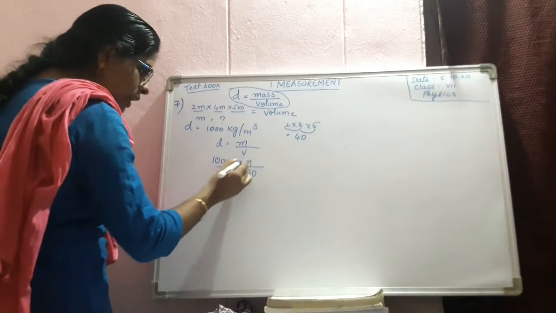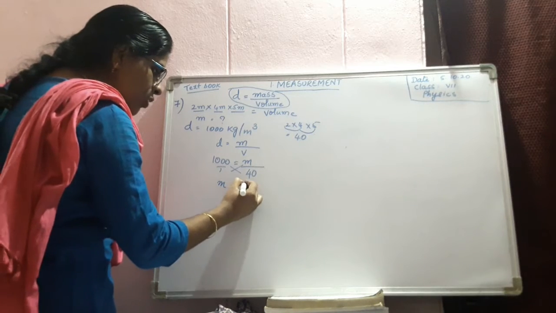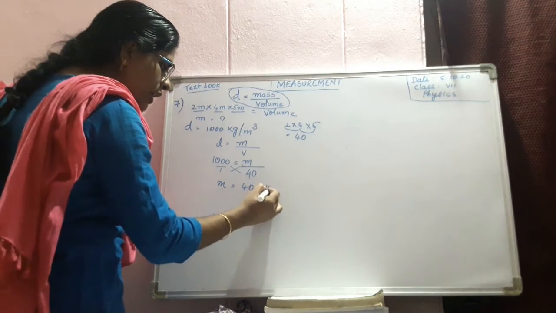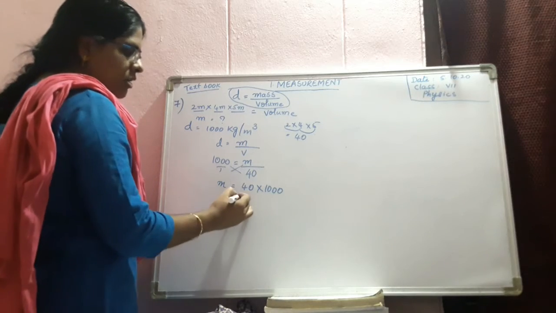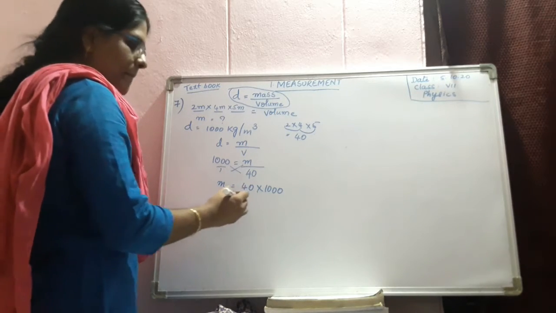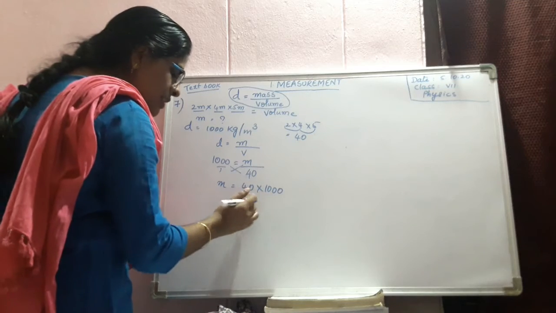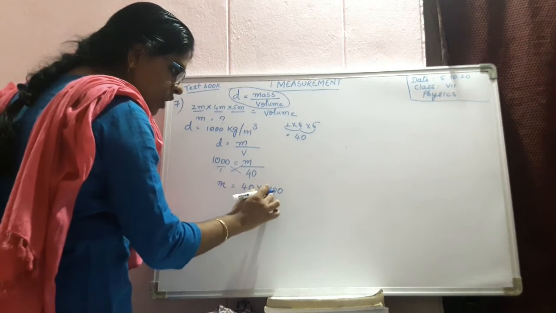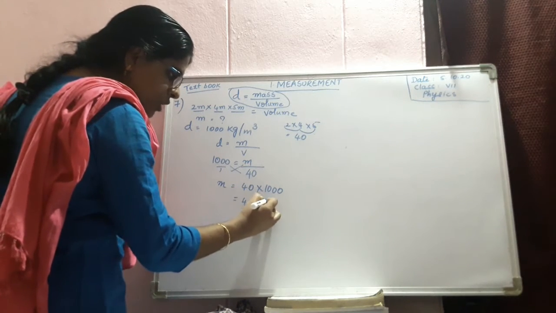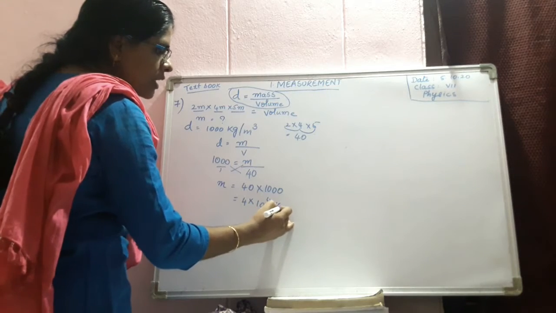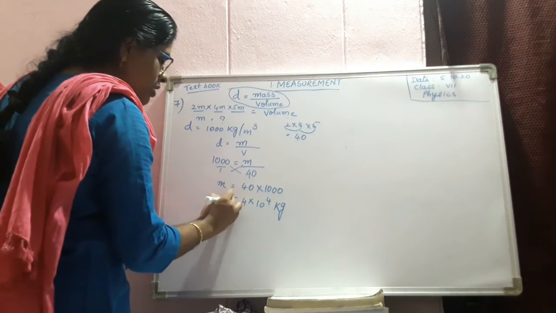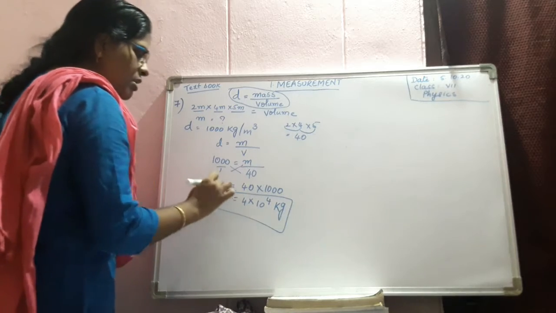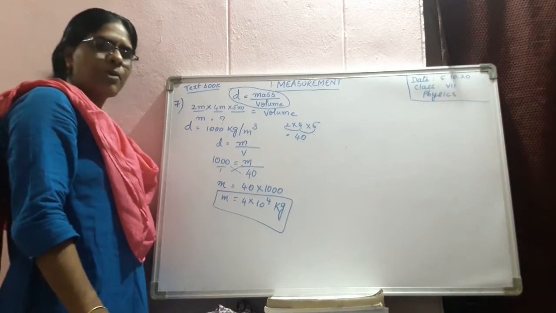Now I want mass, so cross multiply. 1 into m is m equals 40 into 1000. For simplicity I am writing the zeros as 10 power: 4 into 10 power 4, since there are three zeros plus one more. Mass we measure in kgs. This is the solution for your seventh problem.